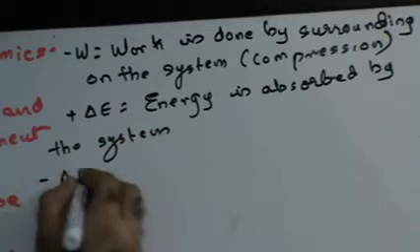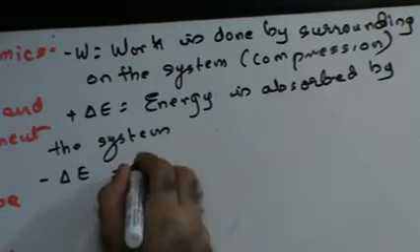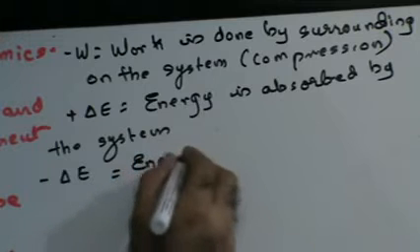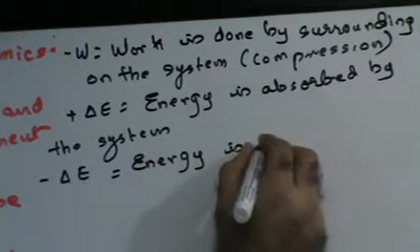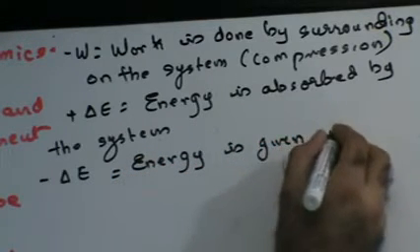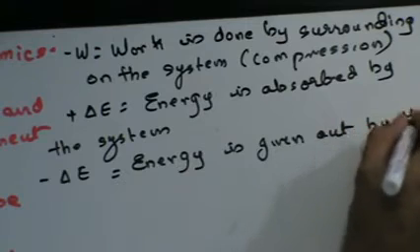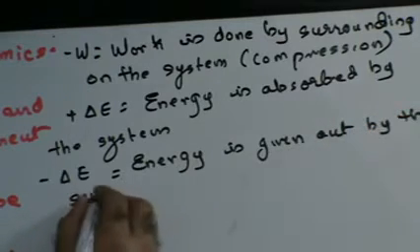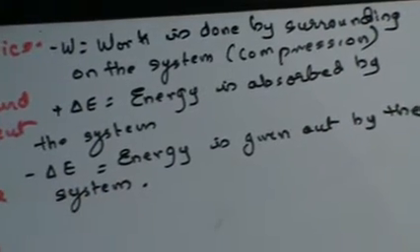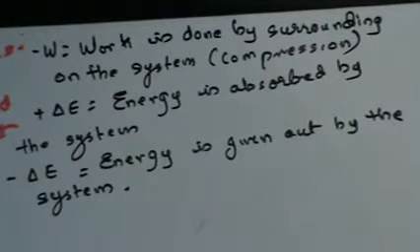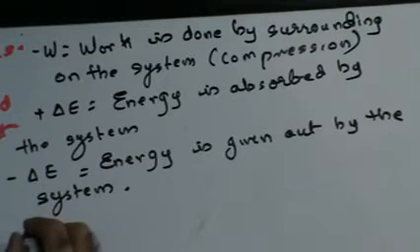And negative delta E is energy is given out by the system. Right? So this is your mathematical equation for the first law of thermodynamics. Next, let us see the corollary of the first law of thermodynamics.